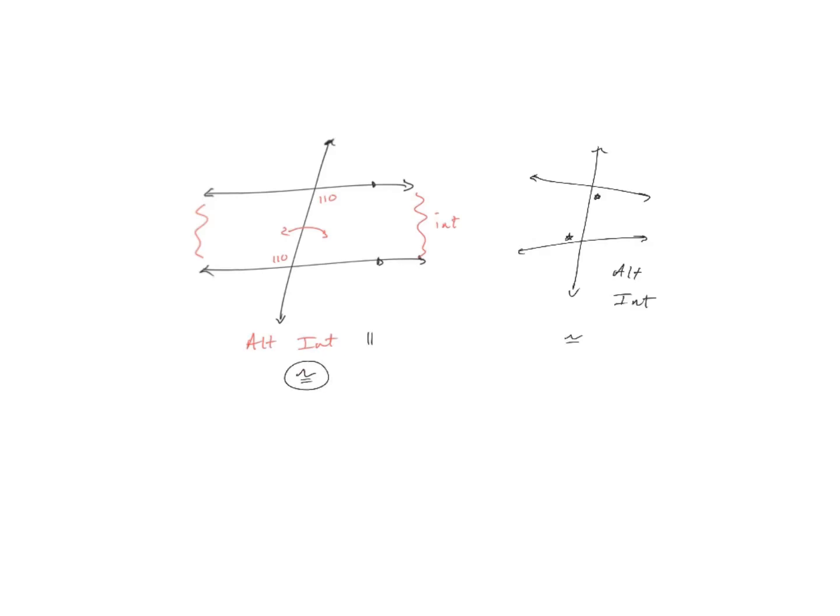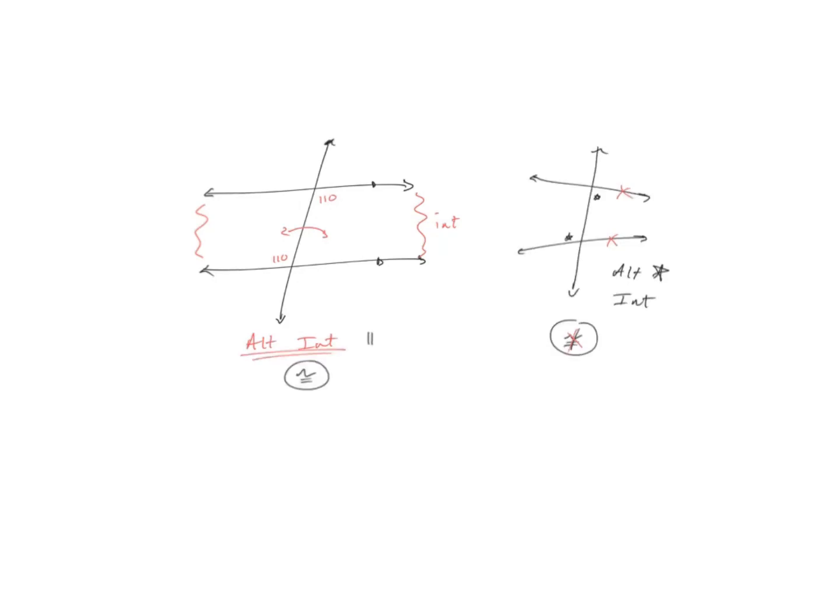Here, they would not be congruent. That's ultimately the difference. Going forward, I'm just going to continue to look at mainly parallel lines. But understand that we can call these angles alternate interior. The only difference is because these lines are not parallel, we would say that these angles are not congruent. And here we have our alternate interior angles.